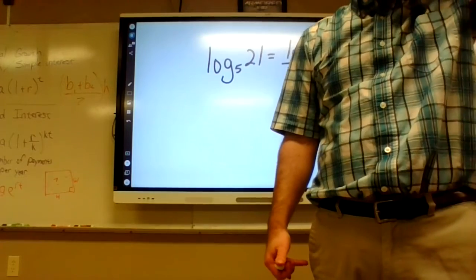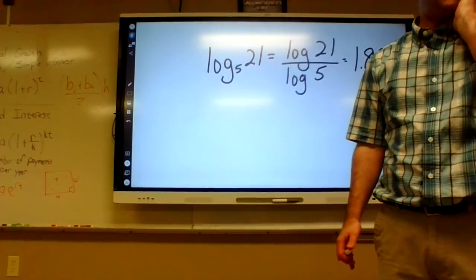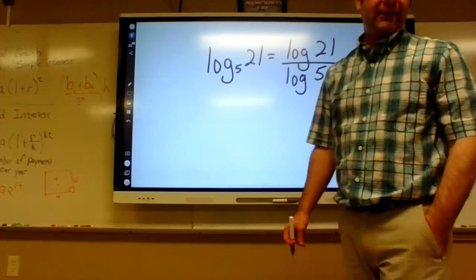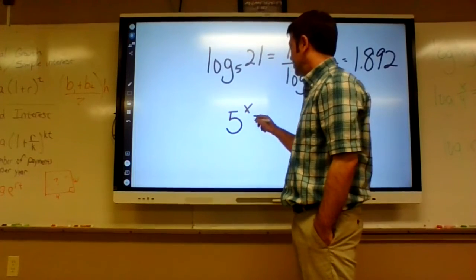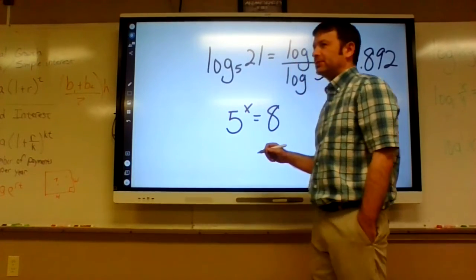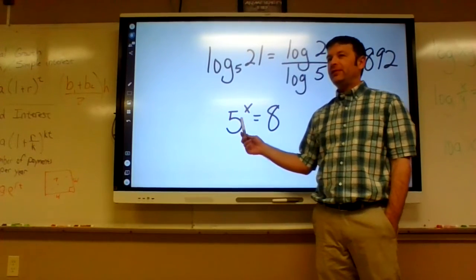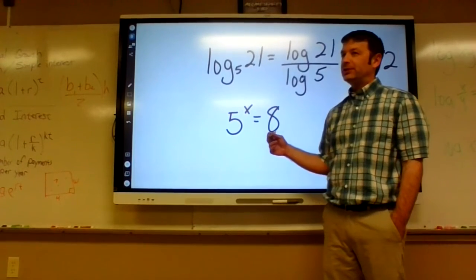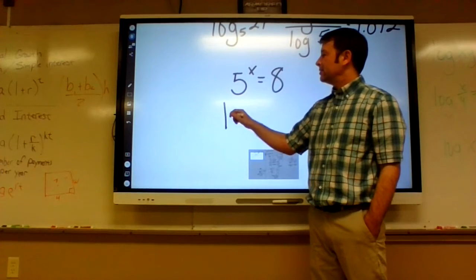This is 14. Solve 5 to the x equals 8 for x to the nearest hundredth. If they give us an exponential equation, you're gonna switch it to log. This is what logs were made for. Log base 5 of 8 equals x.